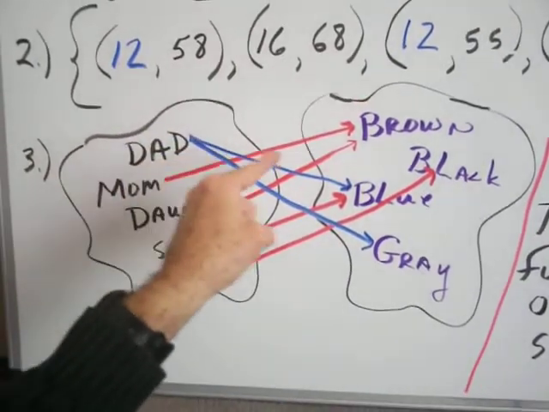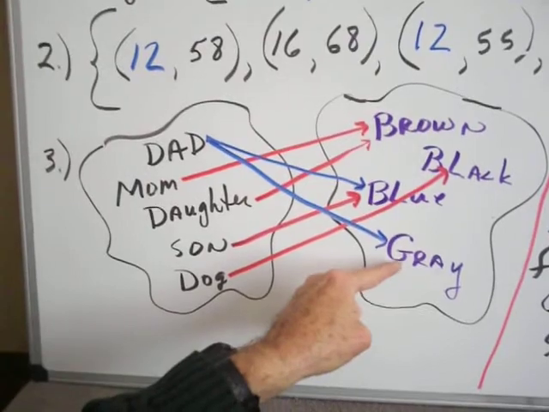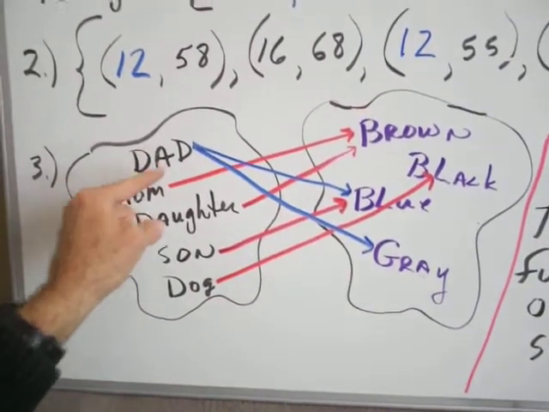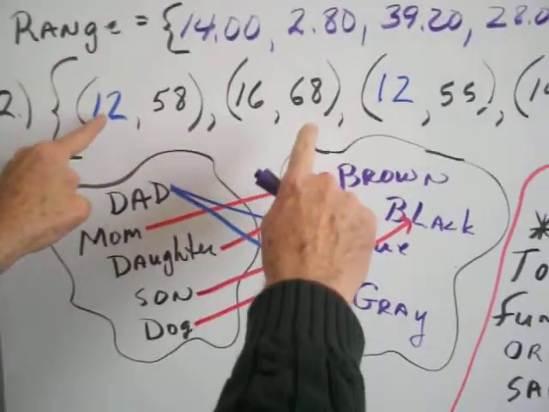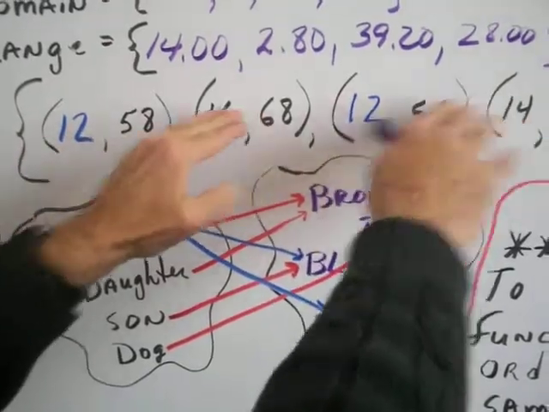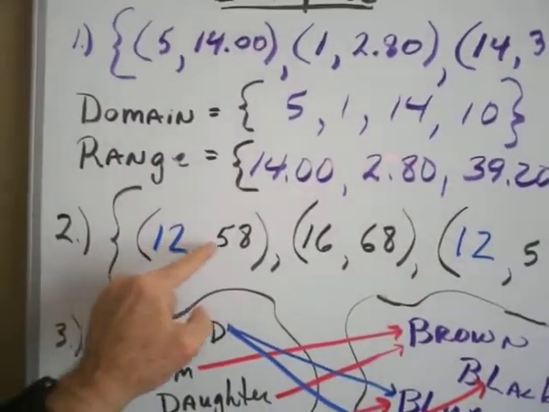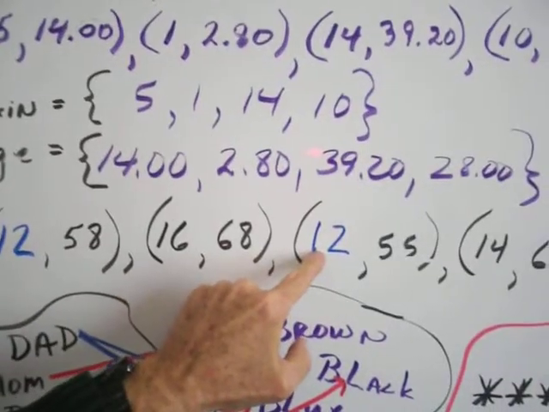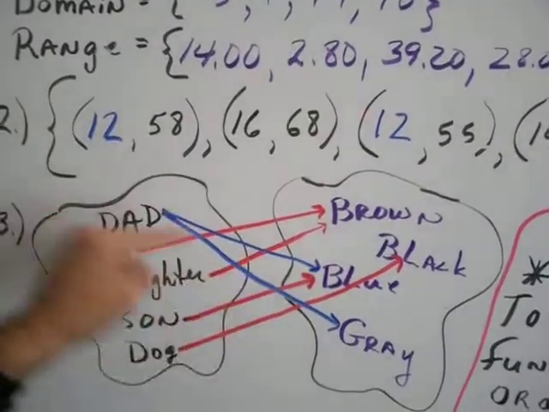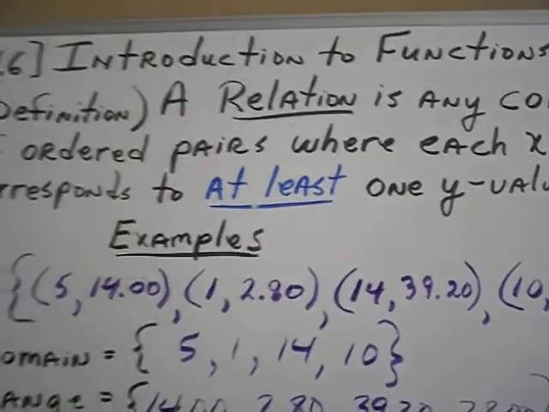Dad not only corresponds to blue, but dad also has some gray in his color of eye. Dad, the domain, is corresponding to the 12 in this collection of ordered pairs. Dad, blue. Dad, gray. Dad, blue. Dad, gray. At least is key when we're talking about a relation.